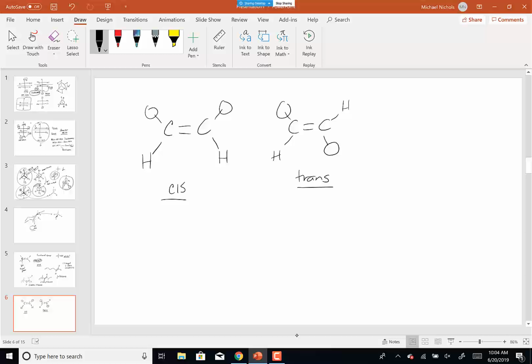It doesn't matter. Cis means either the two hydrogen groups are on the same side of the double bond, or the two non-hydrogen groups are on the same side of the double bond. There's no confusion. And trans would mean exactly the opposite. It doesn't matter whether I'm talking about the hydrogen or non-hydrogens, we get to the same answer. So you can use cis and trans in these two particular circumstances.